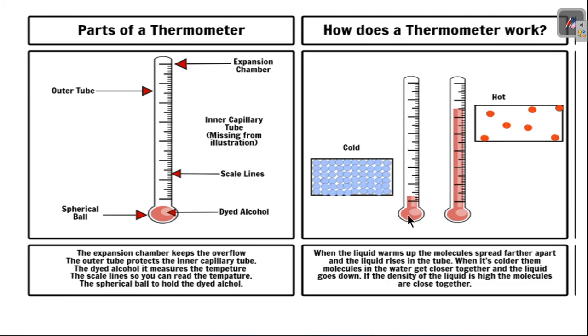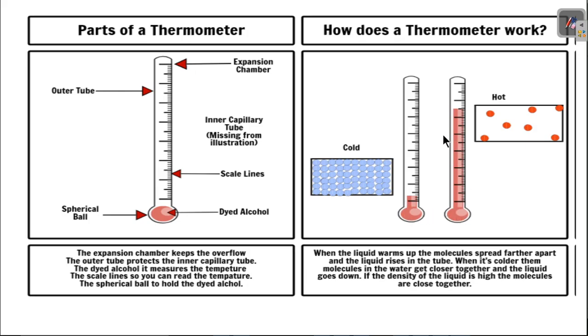All molecules and atoms have some kind of vibration. You'll learn, if you haven't learned that in physical science, that solids vibrate a tiny bit, liquids a tiny bit more, and of course gases, the atoms and molecules in gases go crazy, move all over the place. So the heat heats the atoms and molecules here, and they vibrate, they expand. The only way for the atoms and molecules to expand is up through the tube inside the glass.